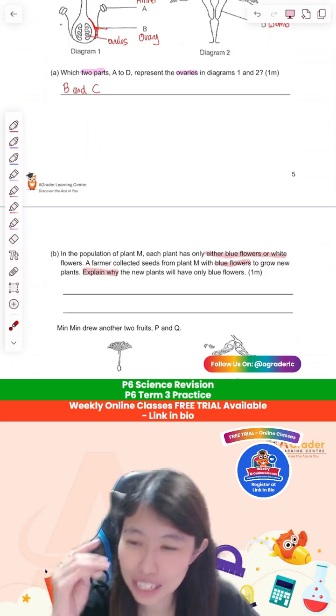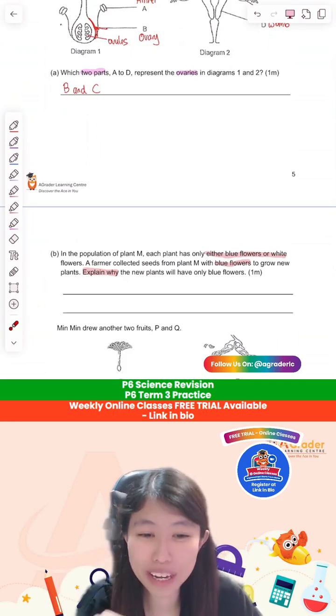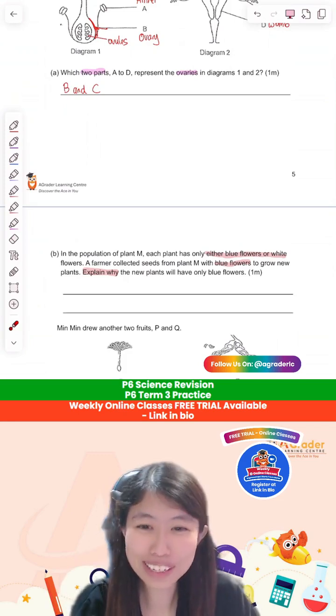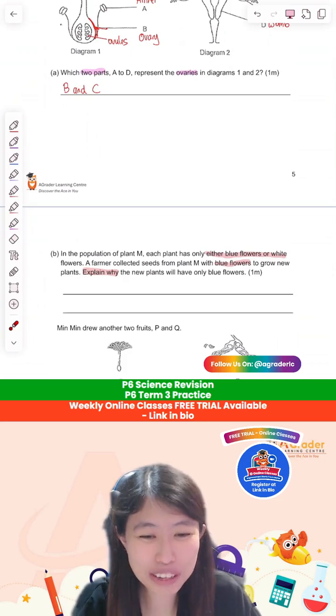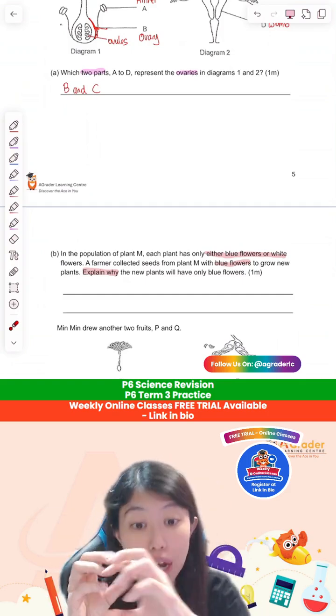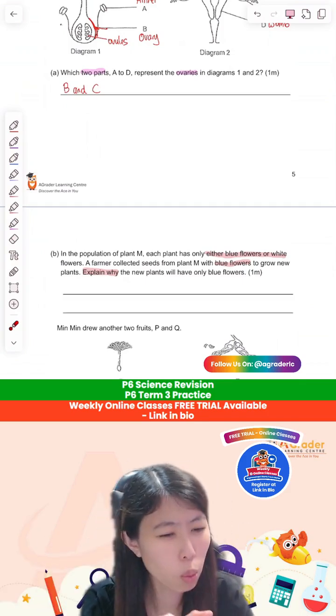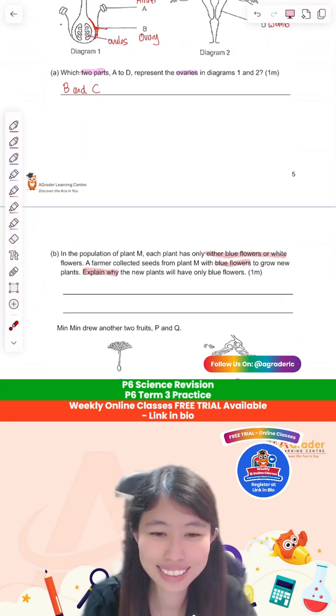Okay. So for this, all right, explain why. Let's explain it in a more PSLE scientific way. So we use the word what? Does anyone know the keyword? The passing down of characteristics from their parents to their young. What do we call it? Any idea?